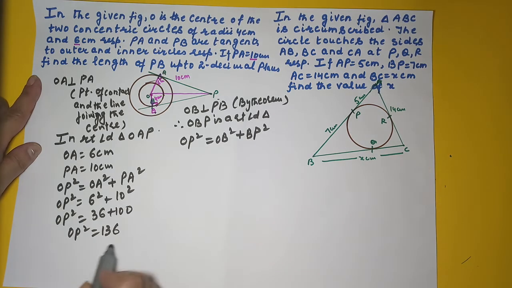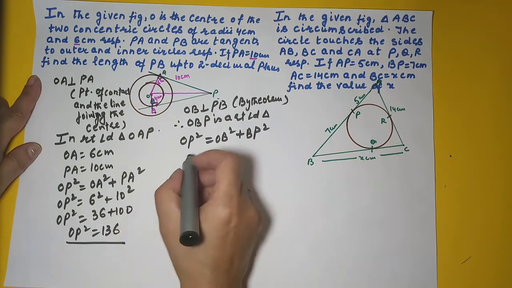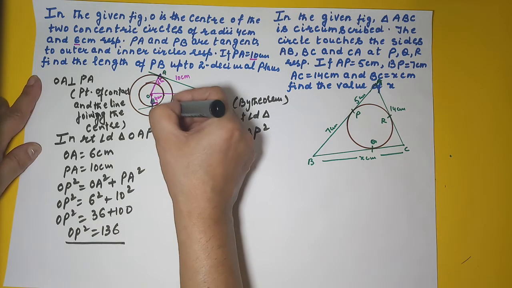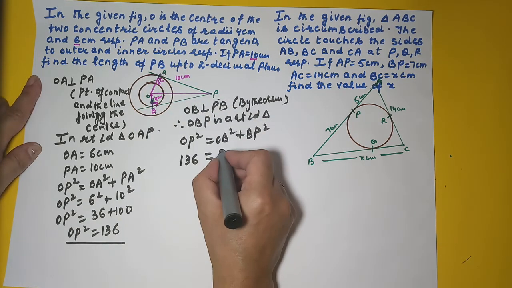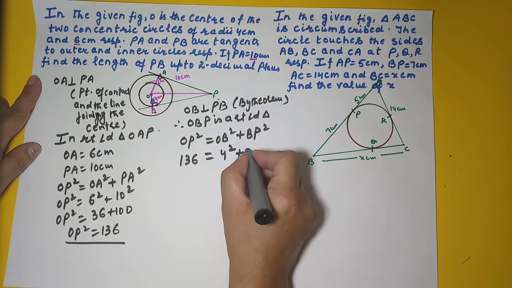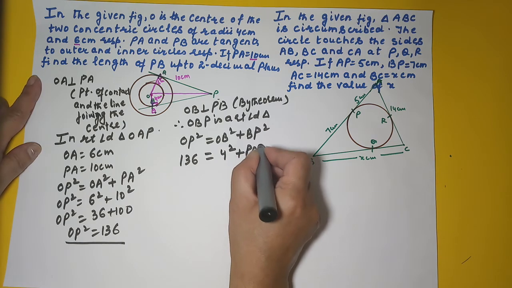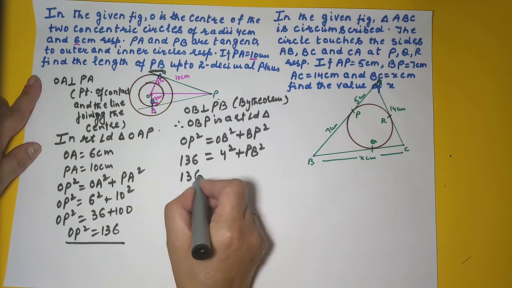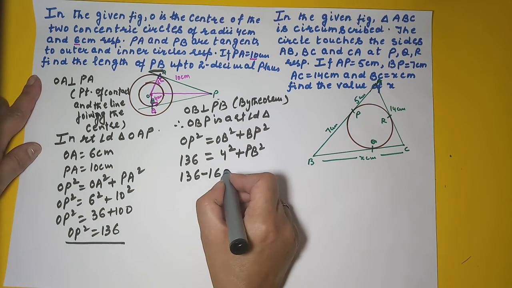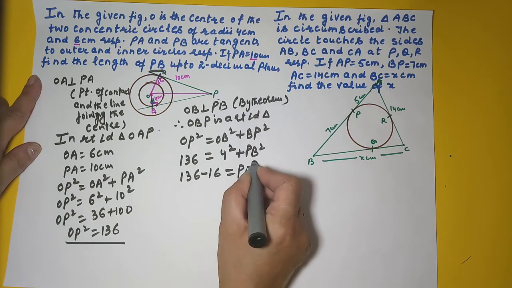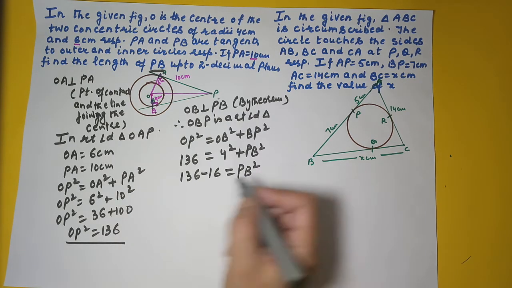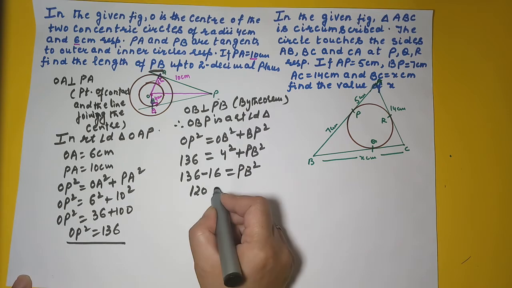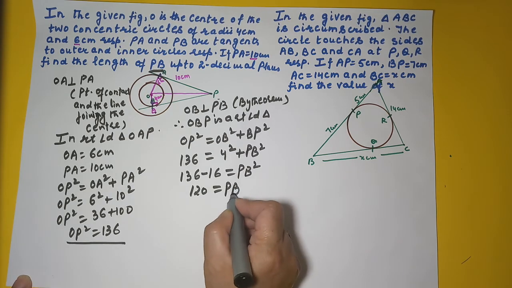Now OP square we have calculated here. It is 136. Let's put it as 136. OB is the radius of the small circle, which is 4 square, plus PB square. We have to find the length of PB. So 136 minus 16 is equal to PB square, right? So 136 minus 16 is 120, equal to PB square.